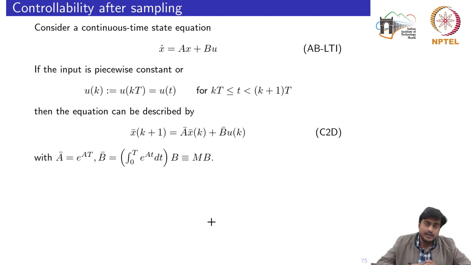So an additional result we have on controllability. In the first week we discussed the continuous to discrete time transformation given a continuous time system. So we need to sample our system at some sampling time t to finally obtain this discrete time system.